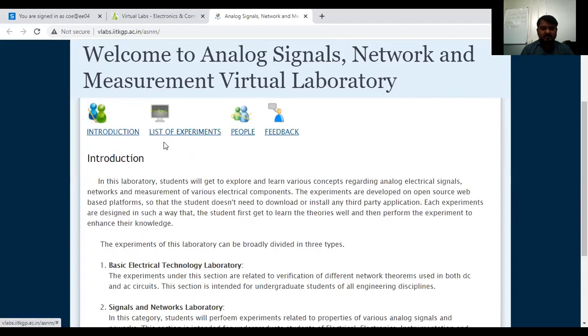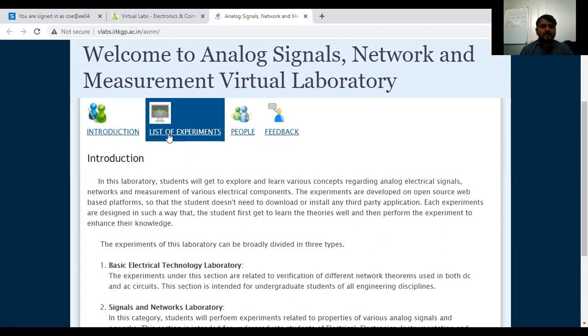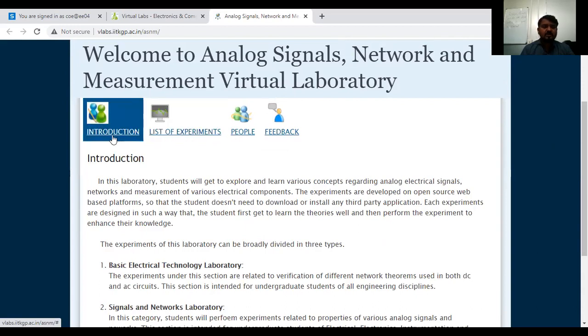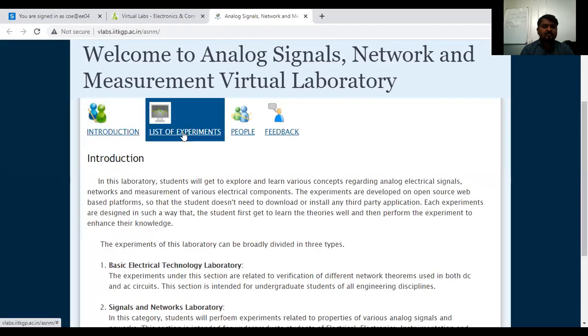The list of experiments is visible in this area. First is the introduction part, and now we have to click on the list of experiments.